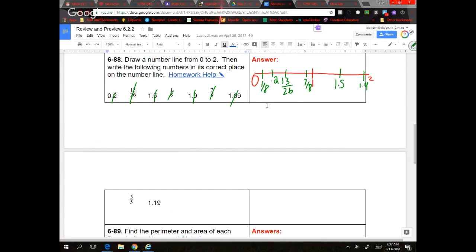And then I got 1.09, which is literally just barely bigger than 1. And then I got 1.19, which is just a little bit bigger, and I'll write that number up top. And then finally 3/5, and I know 3/5 is just over a half, because half of 5 would be 2.5, and 3 is obviously just a little bit bigger than the 2.5.